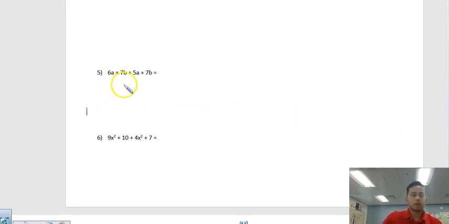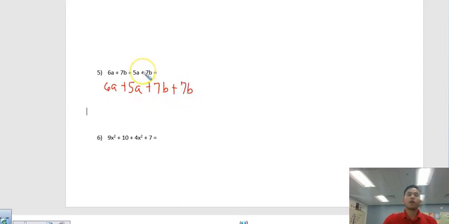6a plus 7b plus 5a plus 7b. So if you can rewrite this one, wherein the like terms are next to each other. So we have 6a and 5a. So we have 6a plus 5a, and then we have plus 7b plus 7b.